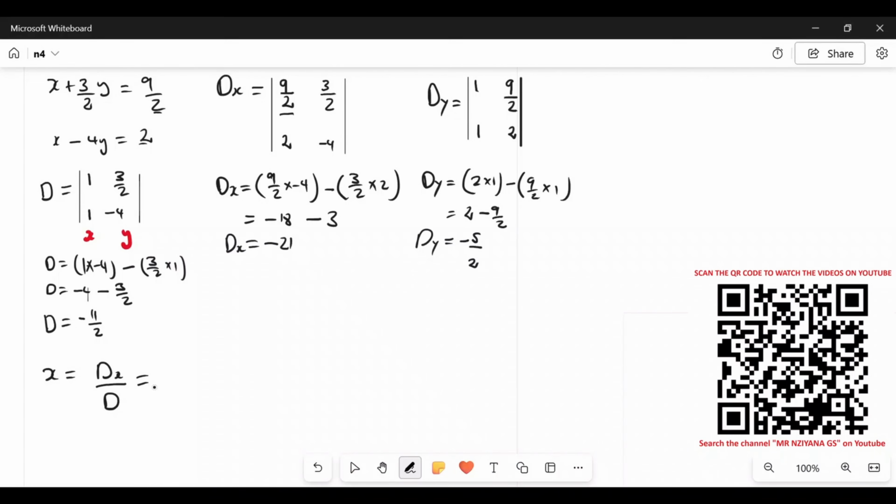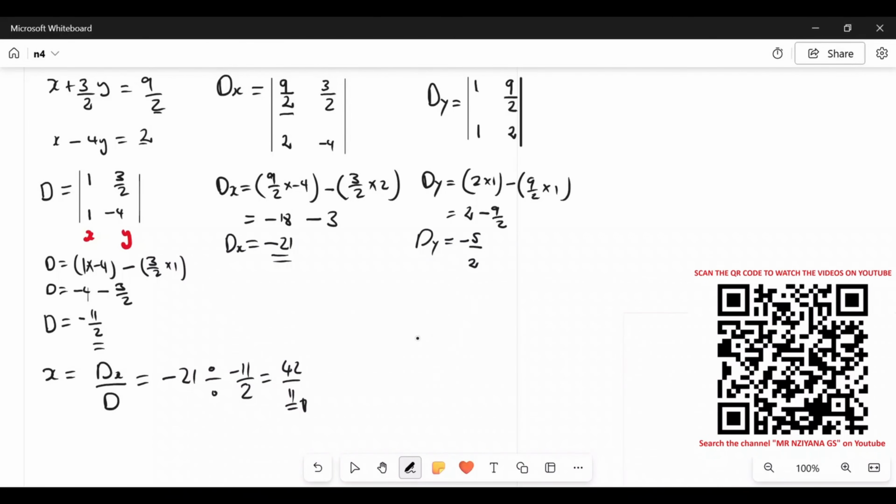Now, what is our dx? Our dx is negative 21, divided by d. Our d is negative 11 over 2. So whatever we get here, if you use our calculator, that is going to be our x value. I'm getting 42 over 11. So this here is our x value.